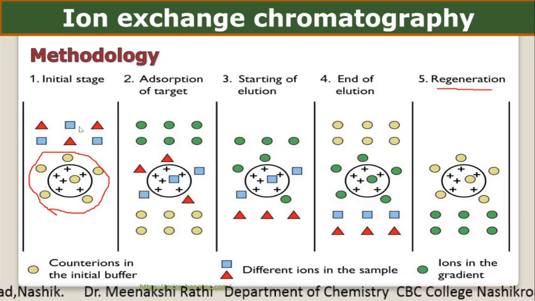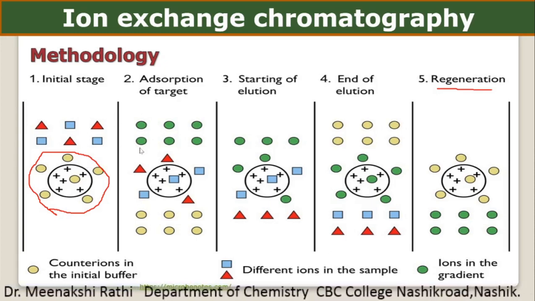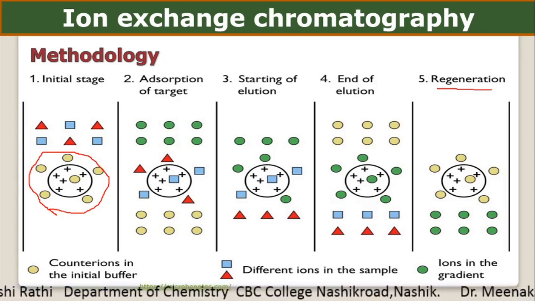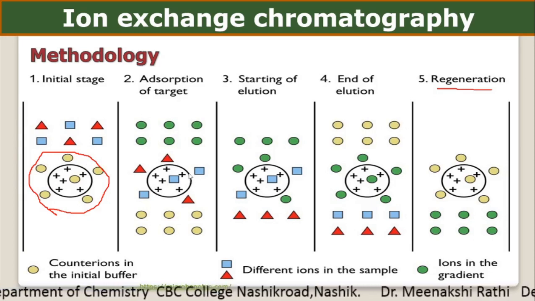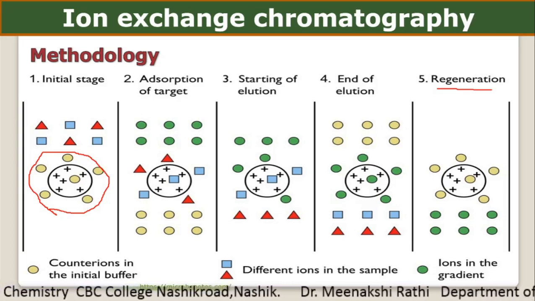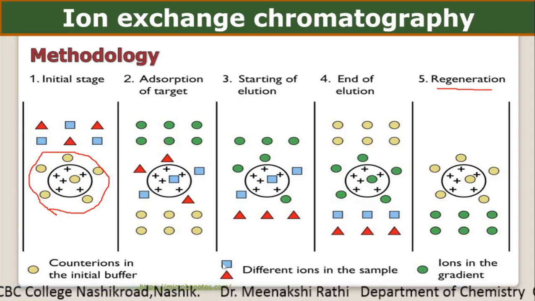Then the protein sample which we want to separate is passed. Here what happened, protein samples which are negatively charged replace the chloride ions and attach to the ion exchanger, while positively charged proteins and the proteins with no charge do not attach anywhere and are removed easily.